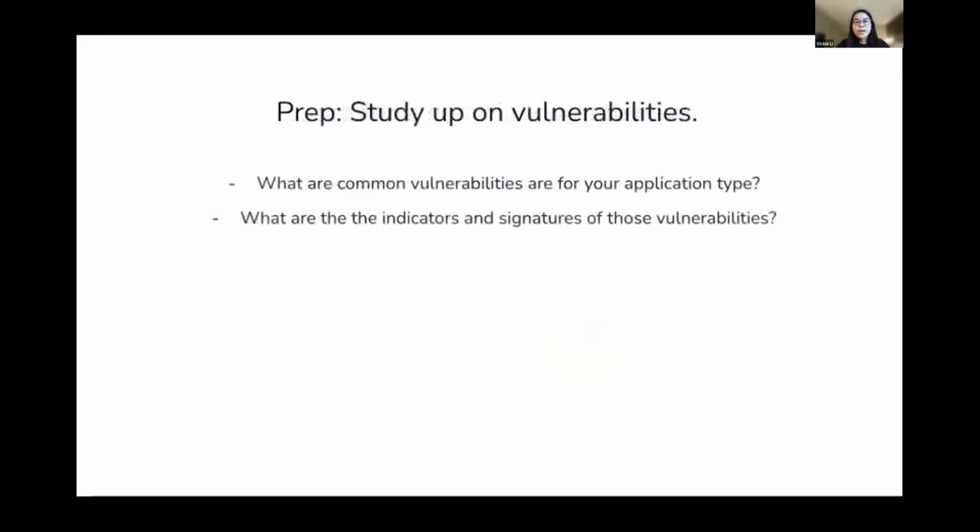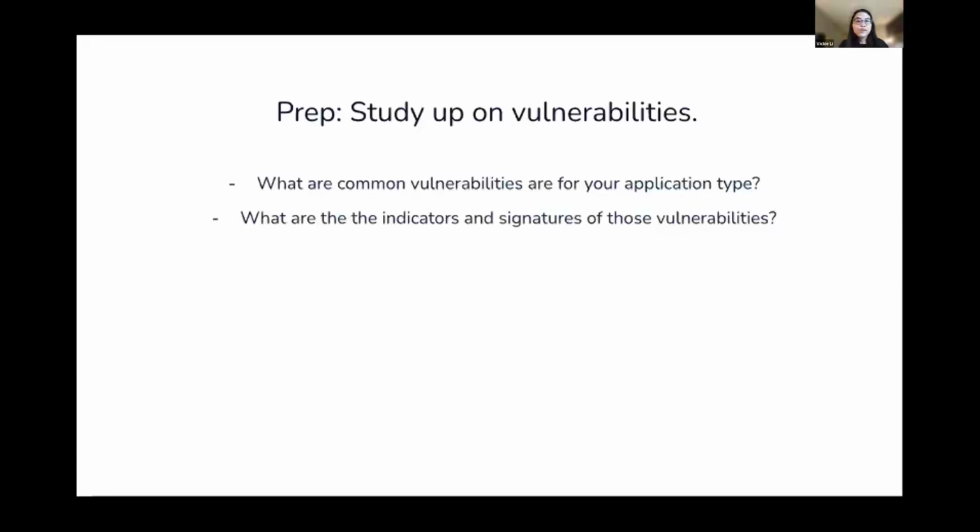The second thing that you should prepare for is that before you actually start reviewing code for vulnerabilities, you should start by learning what the most common vulnerability types are for your application type so that you'll know what to look for, right? For instance, if you are reviewing an application with many different users, then information leaks might be an issue.